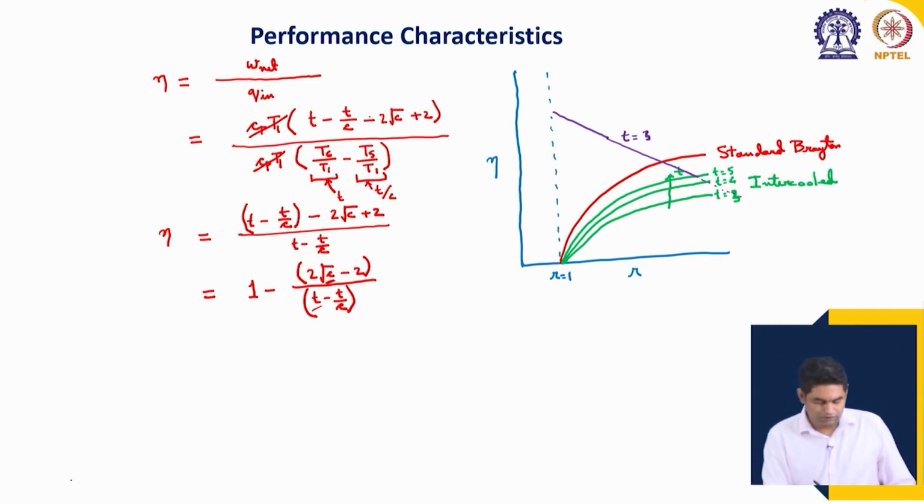Let us write it in a better way: t equal to 5, similarly we will have t equal to 4 and t equal to 3.